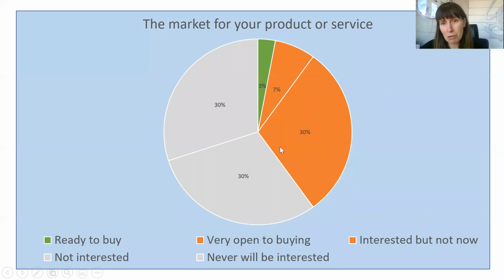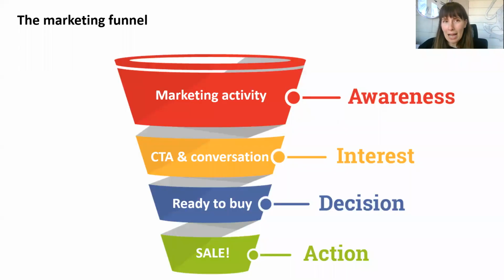Now 37%, so the orange section, are kind of interested but just not ready to buy yet. The marketing funnel, sometimes called the sales funnel, plays a big part in that. It's all about that 37% of people. So we want to remain in their minds so that when they are ready to buy, it's you that they think of.